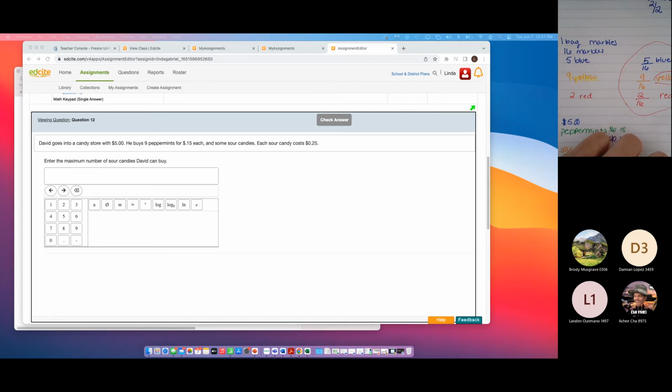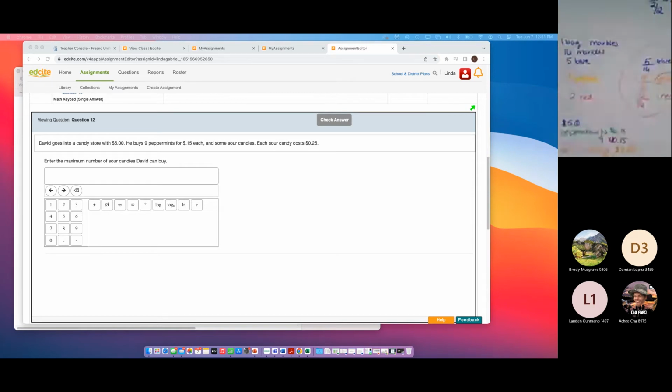What did I do wrong there? 1.35. This is going to be 10 here. 10 minus 5, that is equal to 5. 9 minus 3, that is equal to 6. And 4 minus 1, that is equal to 3. 3.65.